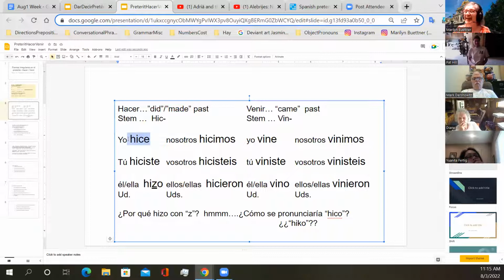Okay, so if we stick with the hic stem, it becomes yo hice, I did or I made. Tú hiciste, you did or you made. Él hizo, ella hizo, usted hizo, he made, he did, she made, she did, you made, you did.